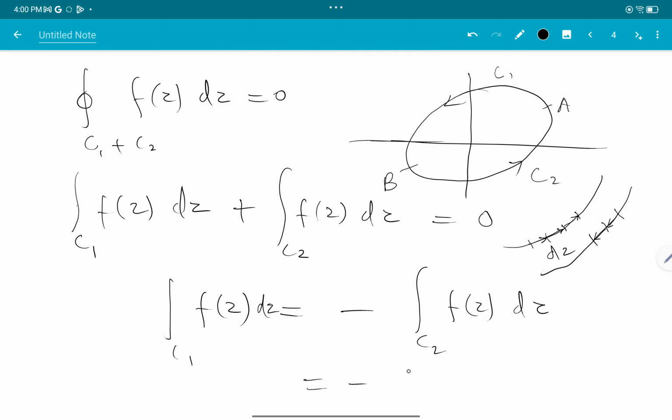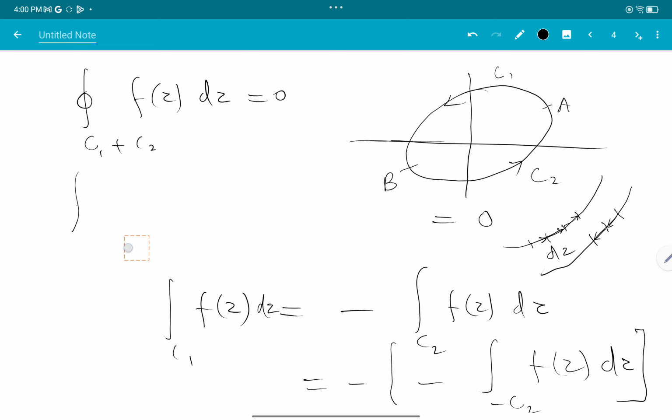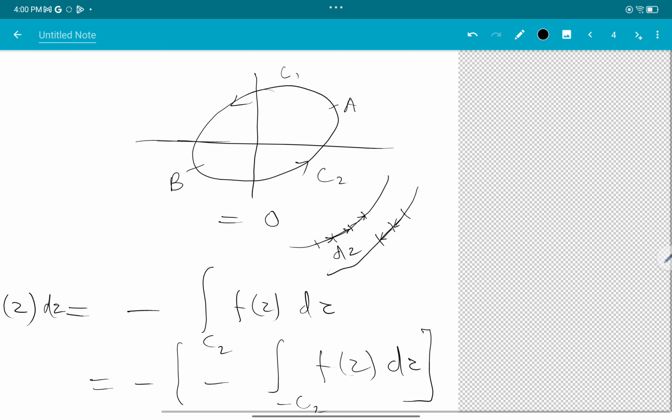Keep this negative here, and then I will write inside minus C2. Minus C2 means in the opposite direction, f(z) dz. Okay, then minus will become plus. I will write this here. Minus will become plus, and I will have then integral in, sorry.